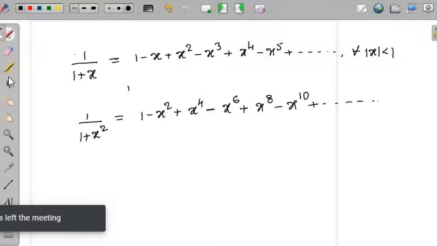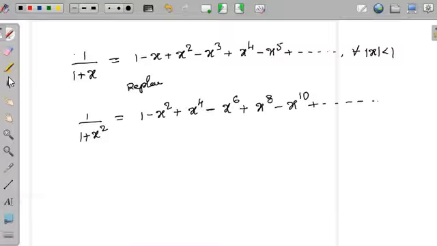Yeah. So what simply we did here is replace x with x square. Now I'm going to do one thing. I'd like to find the expansion of tan inverse of x. This is my aim.